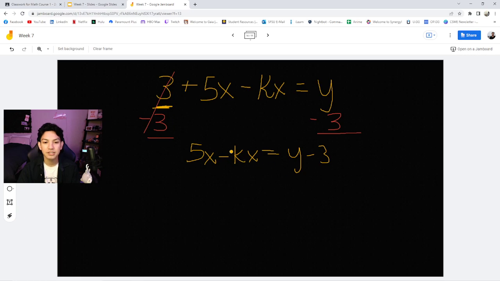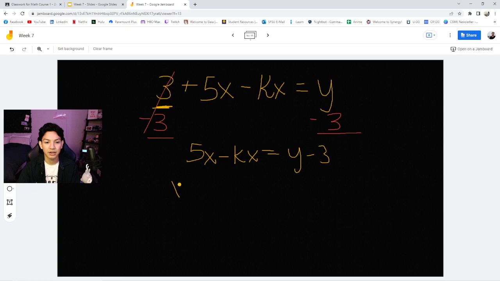Then we notice that both of these terms, the 5x as well as the minus kx, have an x. Remember what we did yesterday? We were practicing factoring. We want to look at what the terms have in common, so that we can extract it and manipulate it in a way that lets us solve for our variable. So let's factor out this x.